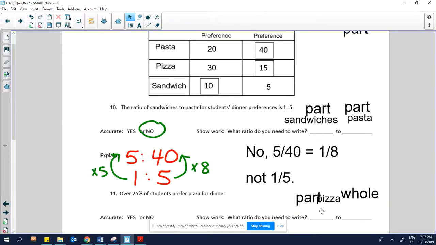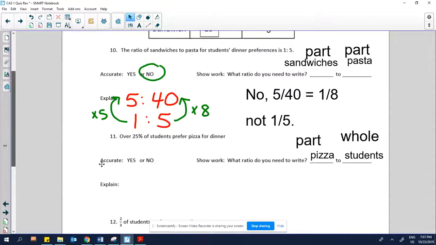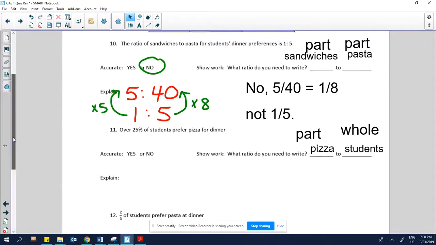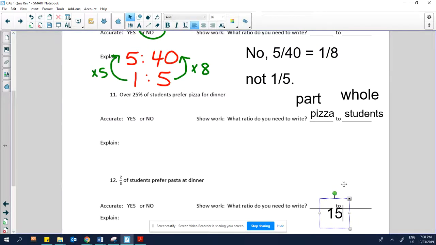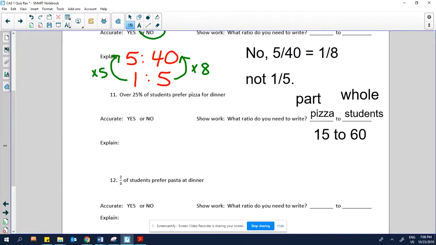We want pizza compared to students, everybody. Let's see if that is 25%. Pizza for dinner is 15. And we are going to compare that to all my students. Remember, all my students was 60. Let's see if that's 25%.